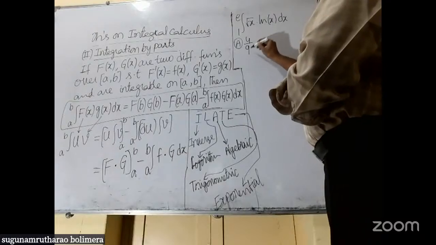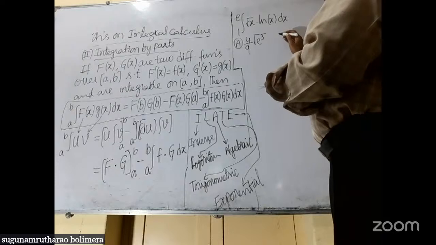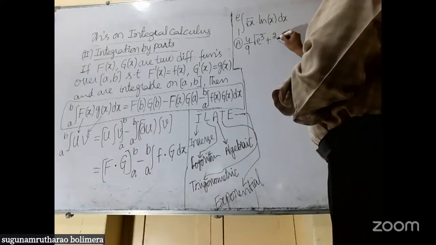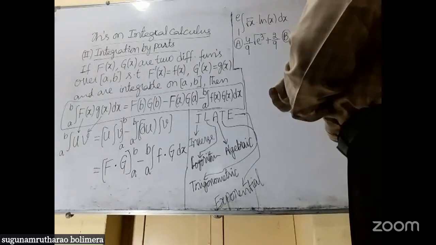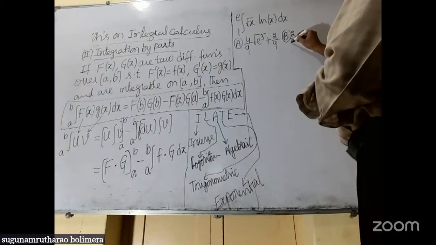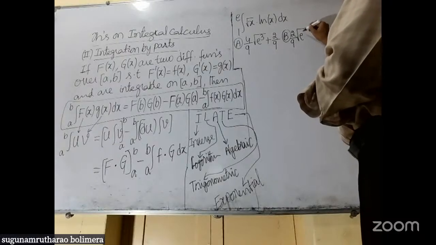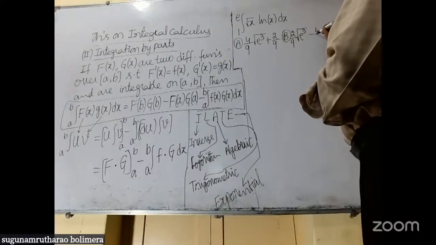Option A: 4 by 9 root e cube plus 2 by 9. Option B: 2 by 9 root e cube minus 4 by 9.